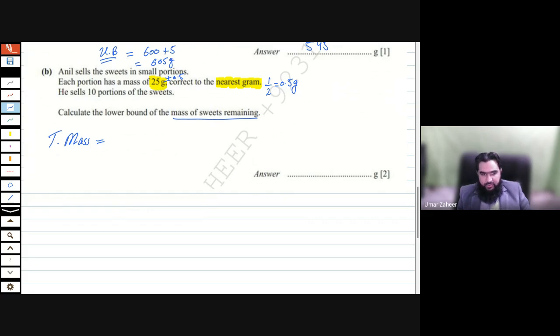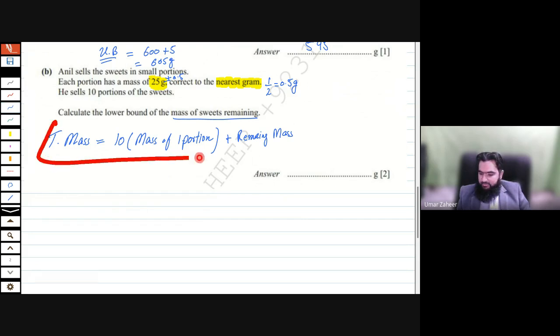You are making 10 portions multiplied by the mass of one portion, right? And obviously there is something remaining, plus remaining mass. I have to write a very general statement of mathematics.